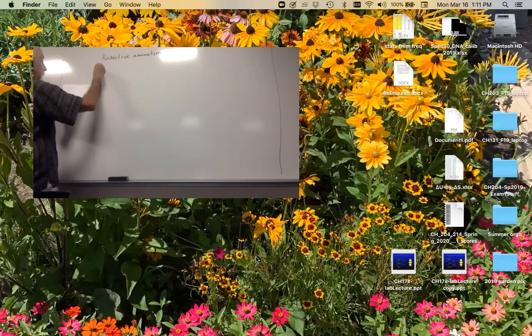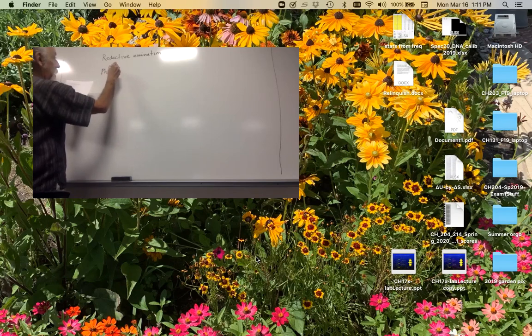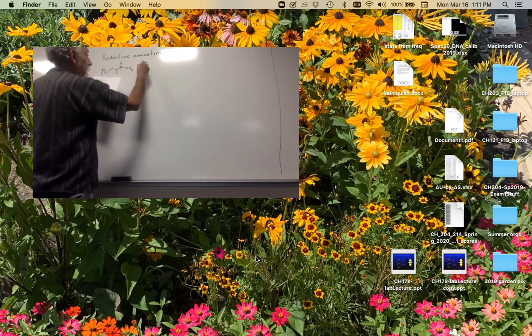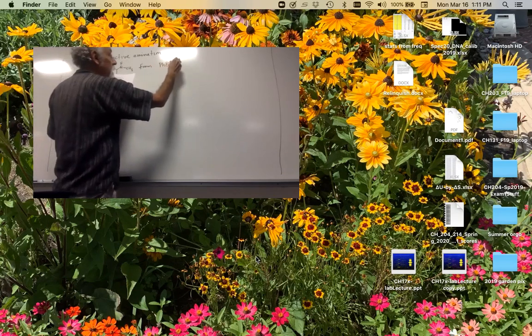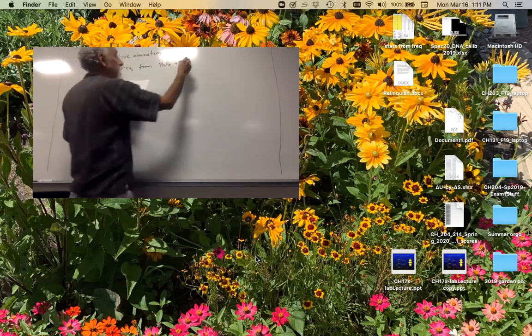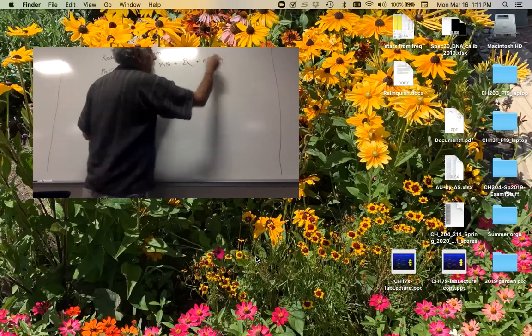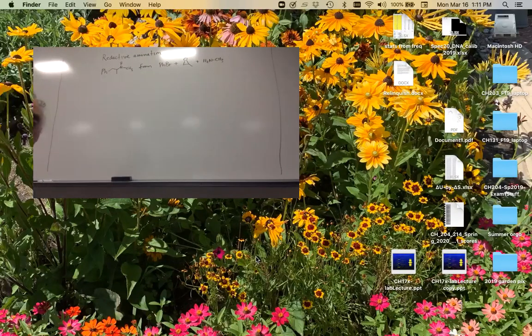How would we synthesize this molecule from bromobenzene plus this epoxide plus methylamine? Okay, so let's try to develop a retrosynthesis for that.